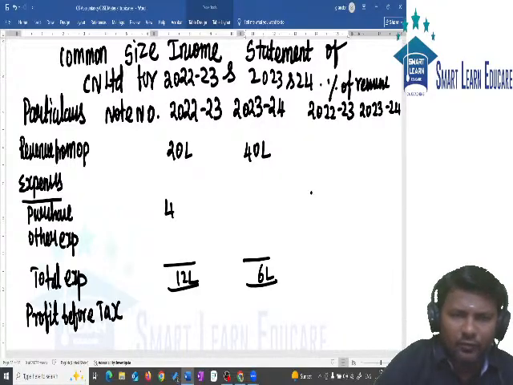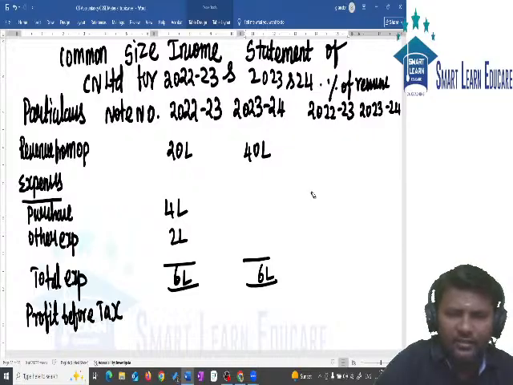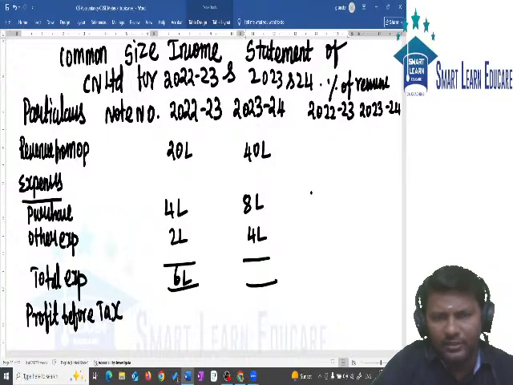So purchase is 4 lakh, this one is 2 lakh. Now this is 6 lakh. Now here 8 lakh and 4 lakh. You should be careful. So this one will become 8 plus 4, which gives you 12 lakh.